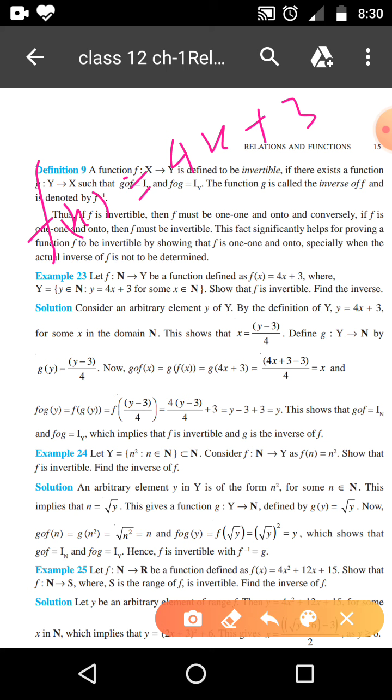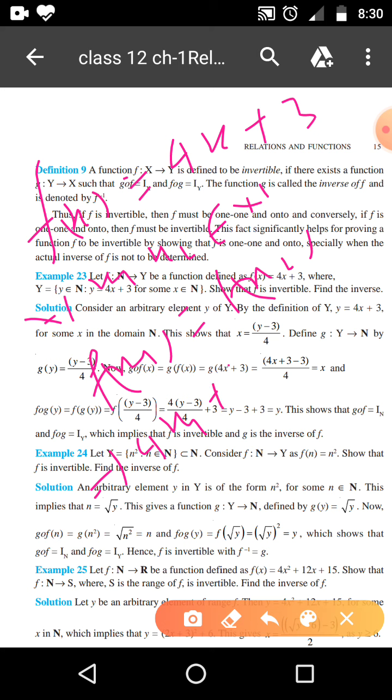So clearly from N to Y, f is 1-1. Why? For each x1, x2 belongs to N, if f(x1) is equal to f(x2), then 4x1 plus 3 is equal to 4x2 plus 3. 3 cancel. So 4x1 is equal to 4x2, and then x1 is equal to x2. So this function is 1-1.